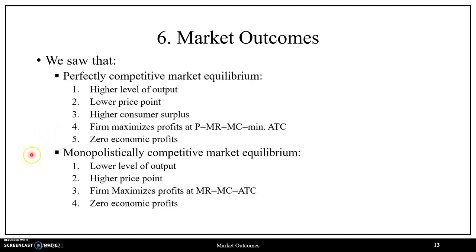Whereas the monopolistic competitive market structure in its long-run equilibrium state had a lower level of output and higher price point compared to the perfectly competitive market structure, in which this industry also had zero economic profits and firms were maximizing profits at the rate of marginal revenue is equal to marginal cost is equal to average total cost.